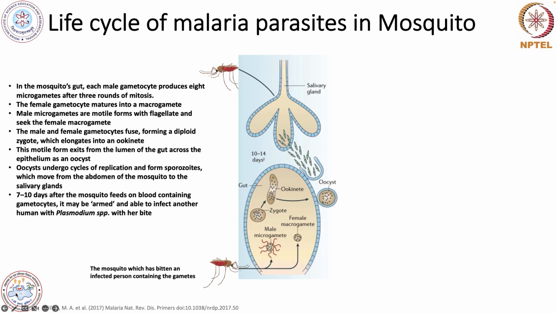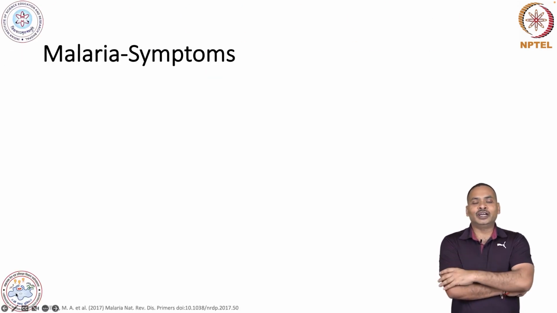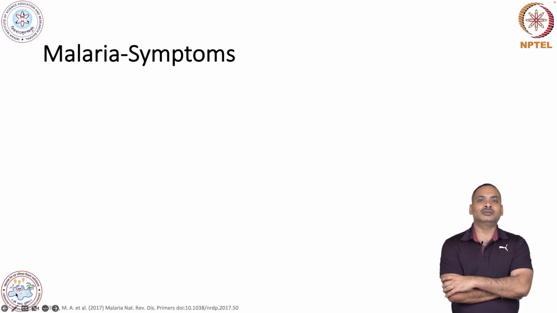Okay. 7 to 10 days after the mosquito feeds on blood containing gametocytes, it may be armed and able to infect another human with Plasmodium species with her bite. Okay. So, this is the whole life cycle of this malaria parasite in the human host as well as in the mosquito host. Now, I will discuss the malaria symptoms.